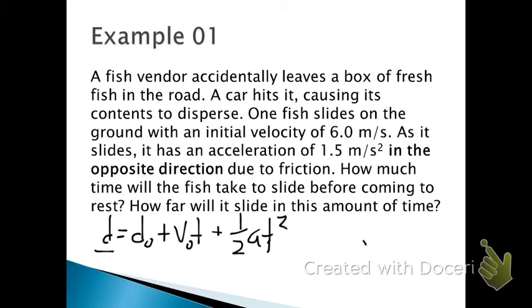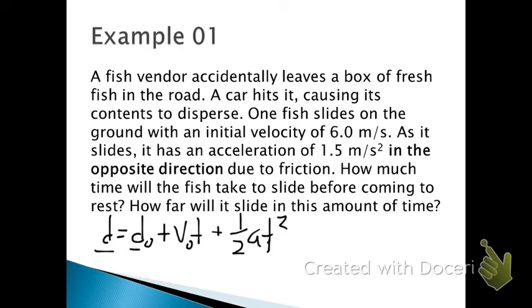Or I could hop over to the combo equation, v squared minus v naught squared equals 2ad, solve for d, and either way, it should work perfectly. Just for this example, I'm going to use the position equation just to show you how I can plug in the value of 4. So, my initial position, I already said, was 0.